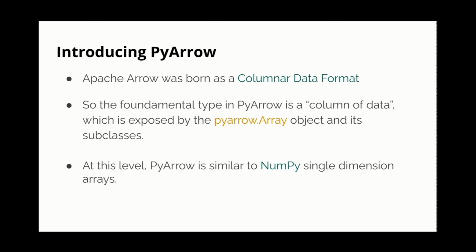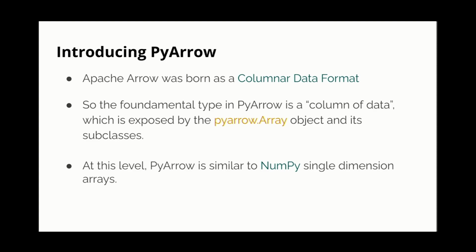And obviously, Arrow was born as a columnar data format because that's the most frequent way you will represent your data when you're going to perform data analytics. So the foundation of Arrow is a column of data. A column of data is represented in Arrow as a PyArrow array, and it has many subclasses for specific types of data.